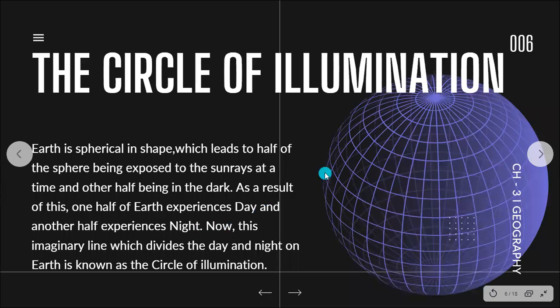Now the circle of illumination, right? Here on the corner is my sun. One part of the earth experiences day and the other part of the earth experiences night. The circle that divides the earth, wherein one half experiences day while the other half experiences night, is known as the circle of illumination.